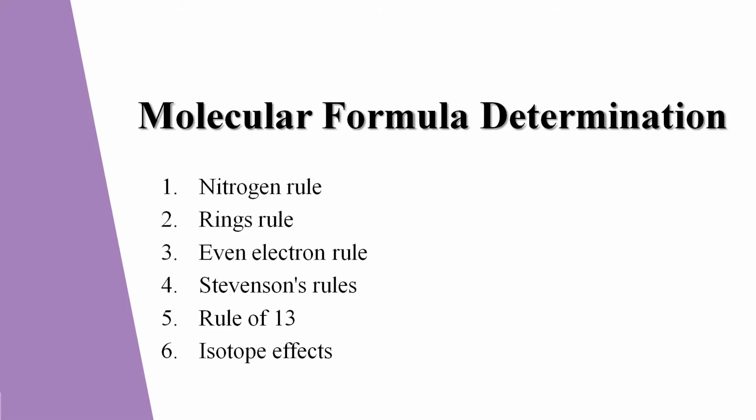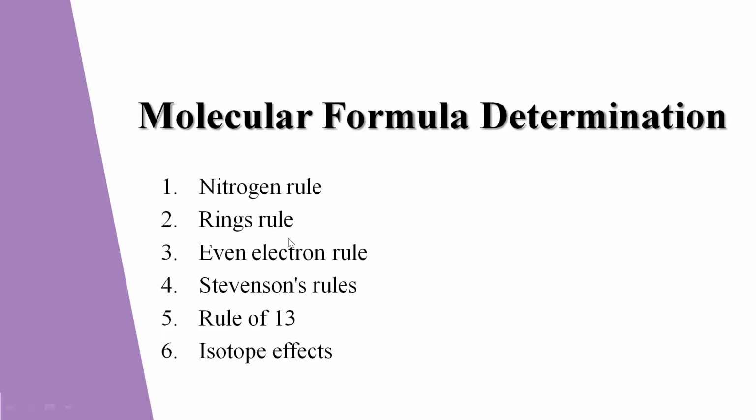The nitrogen rule is true for structures in which all of the atoms in the molecule have a number of covalent bonds equal to their standard valency, counting each sigma bond and pi bond as a separate covalent bond.